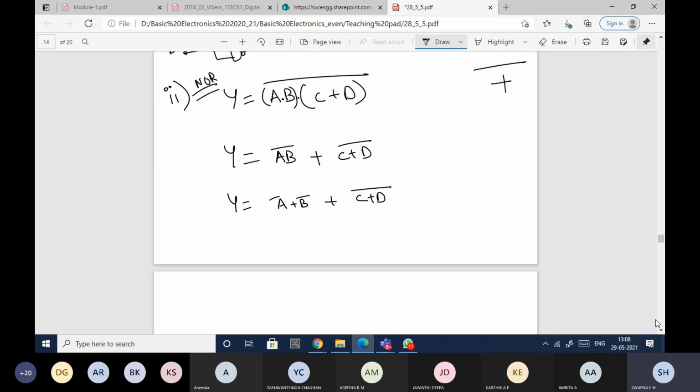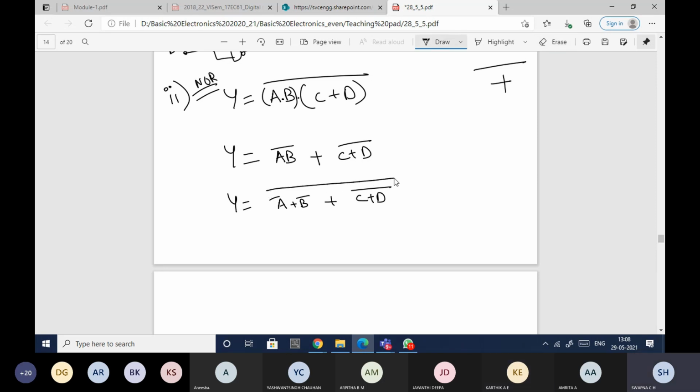Now, are you able to implement? Will you be able to get this? I will be able to get A bar, I'll be able to get B bar. Will I be able to get A bar plus B bar? Whole bar should be there, but whole bar is not there. So what you'll do? Double complement.